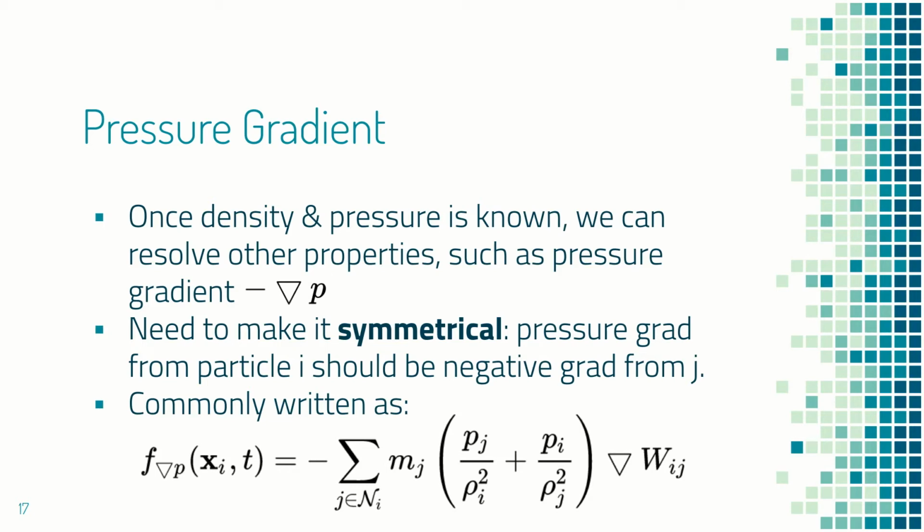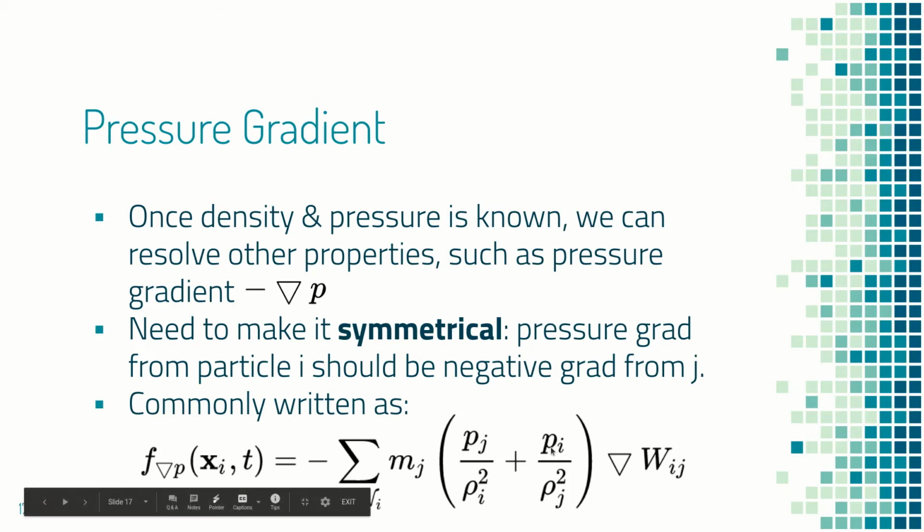Essentially, as I said, it's the resultant force from applying the forces from all the different directions, which are determined through the density and the pressure of each particle. And remember, the pressure is a vector. This is commonly written in the form below, but you can see it's very simple. It's also very similar to the previous formulation, except for the grad here.